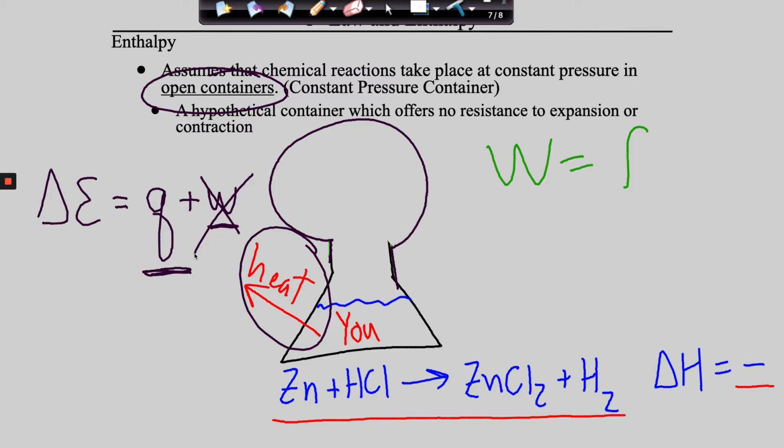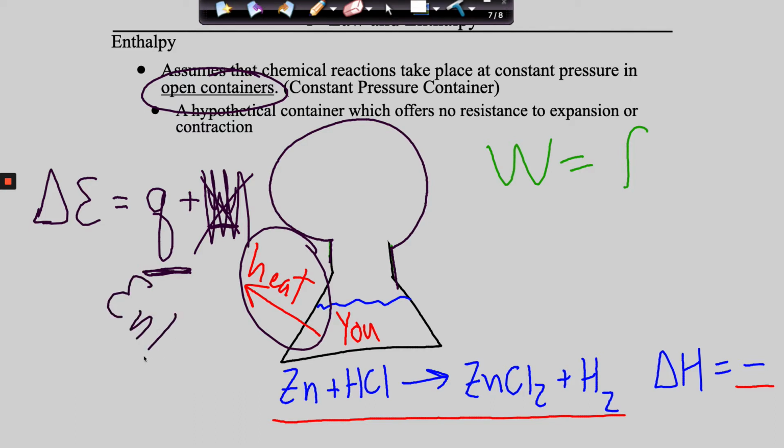So guys, this is what then changes. We know that in the real world, the way to get energy in and out of a system is heat or work. But if we carry out our reactions in open containers where work can't be done because there's no resistance, then this goes away. And if that goes away, what's the only other way we can get energy in and out of a system? Heat.